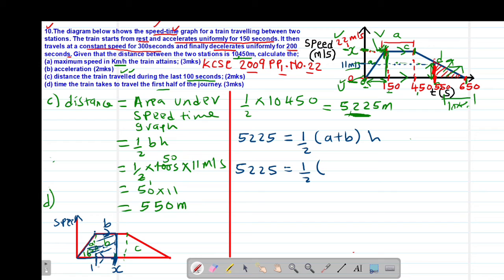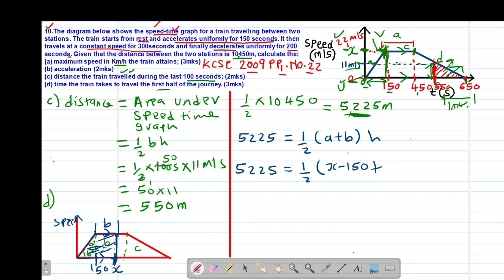So at this point, this was 150. So it means our distance B will be X minus 150. So this will be X minus 150. So that is our distance B.